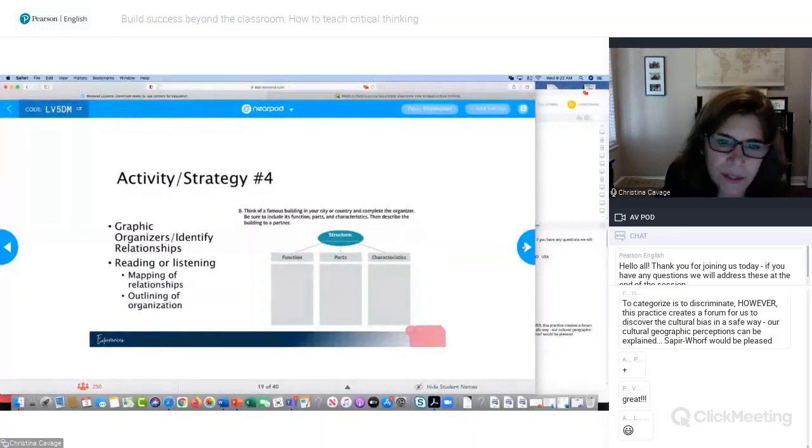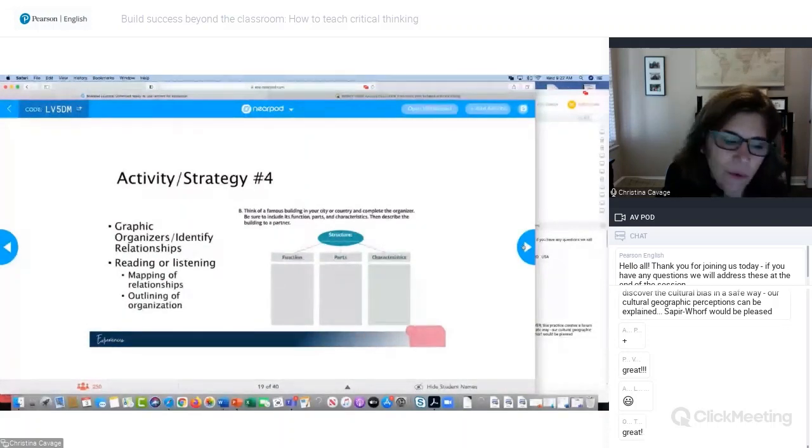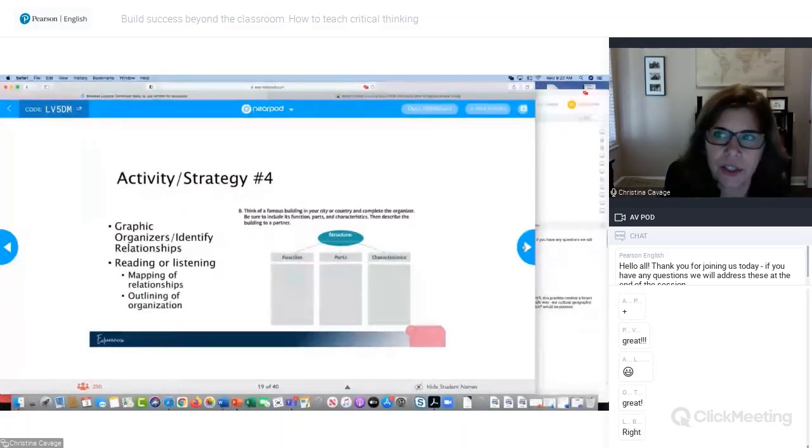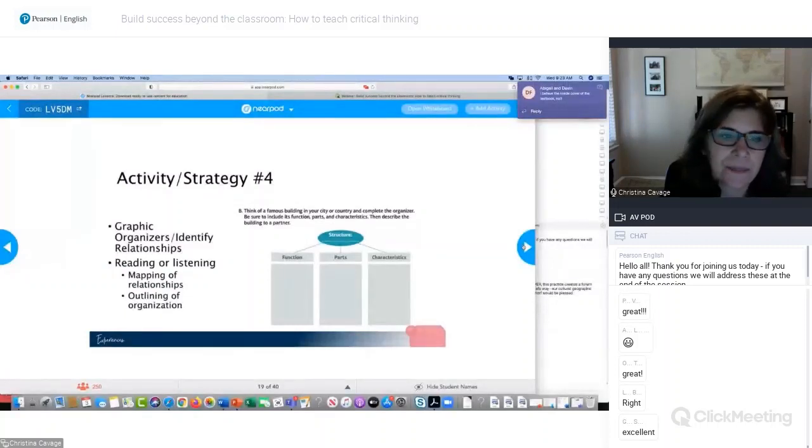But they can also really help us identify relationships between ideas. Just think of a simple outline. An outline in its most basic form is really showing the relationship between ideas. So, graphic organizers, again, identifying relationships.